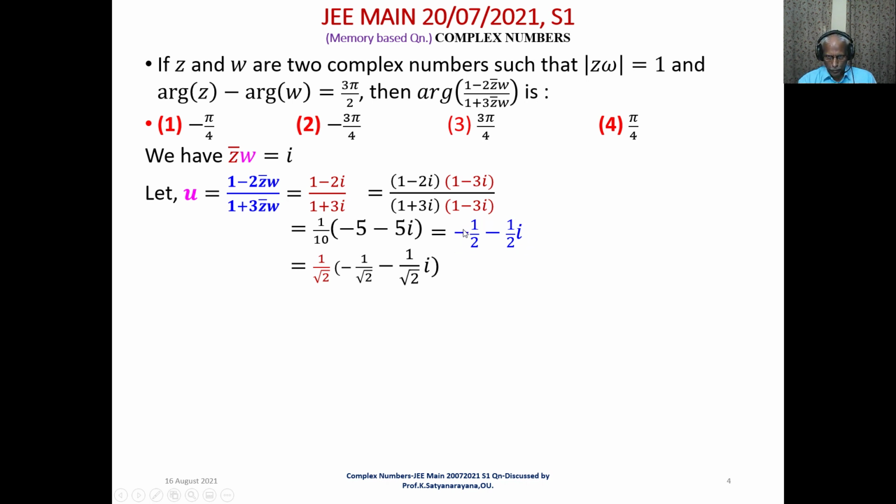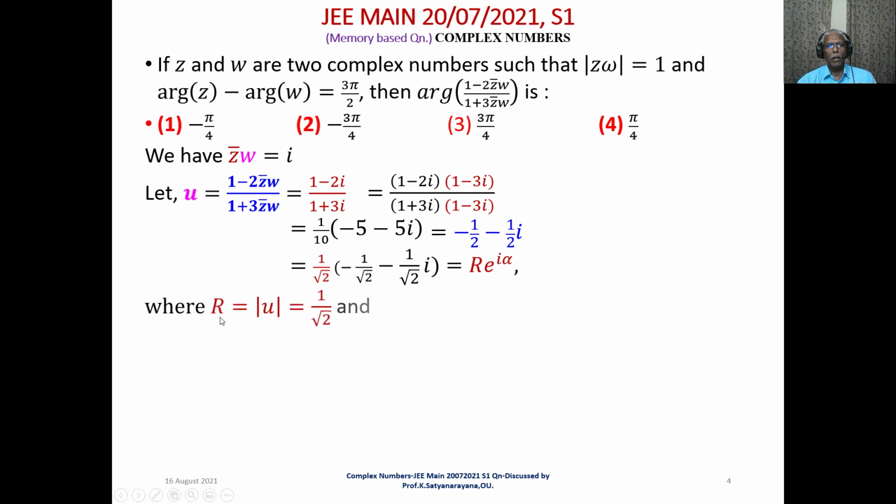The modulus of this is 1 by root 2. Now this will be equal to 1 by root 2 into the cis form of it, that is r e to the power of iα, where r is the modulus and e to the power of iα will be cos α plus i sin α. Cos α is minus 1 by root 2, sin α will be minus 1 by root 2.